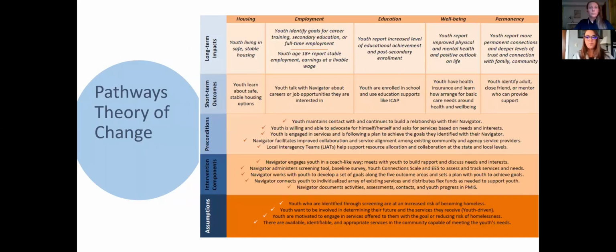This is a busy screen here. This is our theory of change. And again, back in phase 1, it was refined in early phase 2. A theory of change, you start at the bottom with the assumptions and read up to the top, because that's what we hope to achieve. These are the assumptions. This is the intervention that we're providing. These are the conditions that exist.